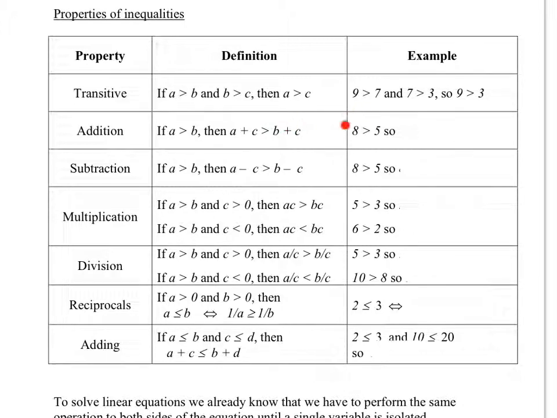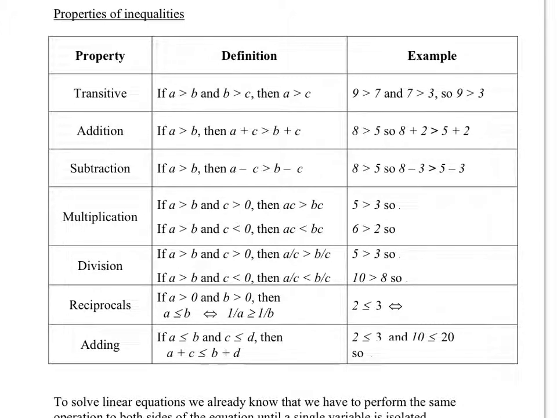So if you have 8 is bigger than 5, then 8 plus 2 is bigger than 5 plus 2, if you, for any reason, needed to say that. The same thing applies for subtracting. You can subtract a number from both sides of an inequality. So if 8 is bigger than 5, then 8 minus 3 is bigger than 5 minus 3.